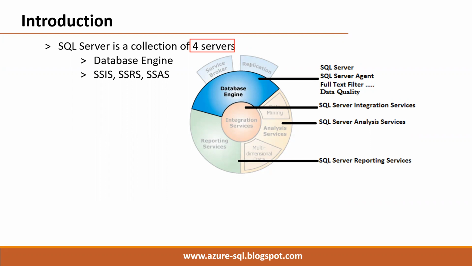While installing we have to select them. One is the database engine or database server, which is our main server. As a DBA we are working with the database server. These queries are processed by the database server.